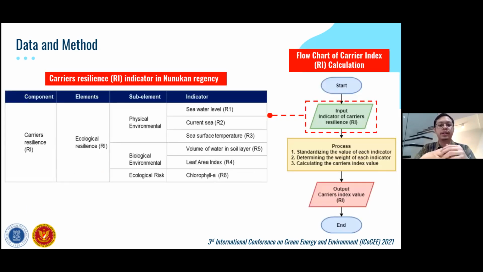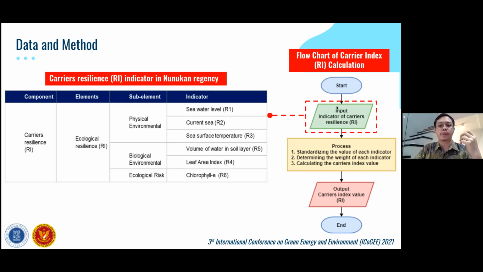And for the method, we try to highlight the part that carries ecological resilience, the RI, the resilience indicator in Nunukan regency, which has sub-elements: physical environmental, the seawater level, currents, sea surface temperature; biological environmental, the volume of water in soil layer, leaf area index; and last, the ecological risk, chlorophyll A. And here's the flow chart for the carrier index calculation, RI.